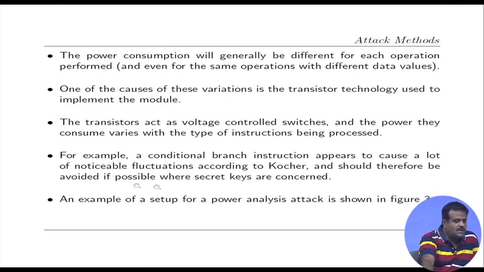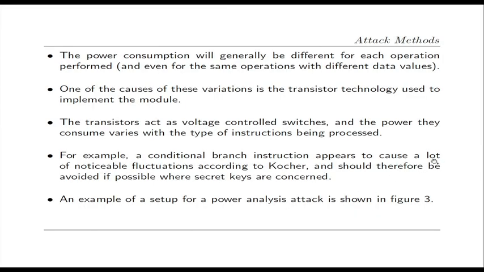For example, a conditional branch instruction appears to cause a lot of noticeable fluctuation in the power, according to Kocher. If there is a conditional branch in the algorithm we are implementing, maybe some encryption algorithm, it will show noticeable power fluctuation.